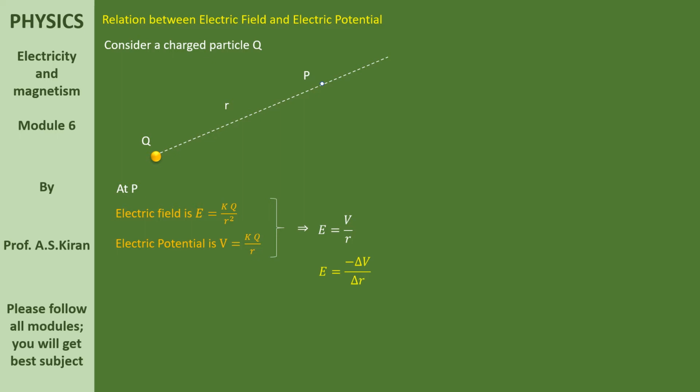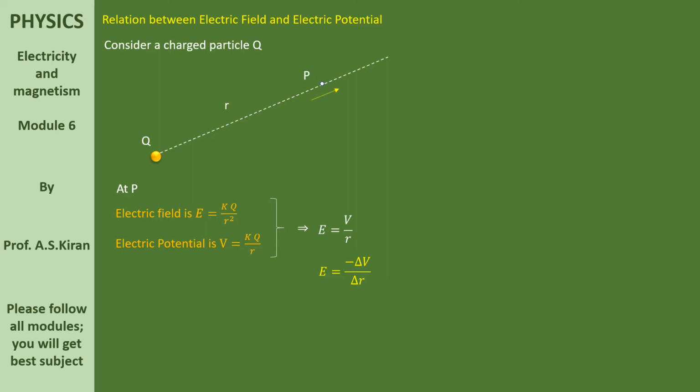Now here E is equal to delta V by delta R. I mean, in differentiation, the quantities can be treated as delta V and delta R, which are very small. Then, where does this minus sign come from? Let us observe now. See the diagram carefully.